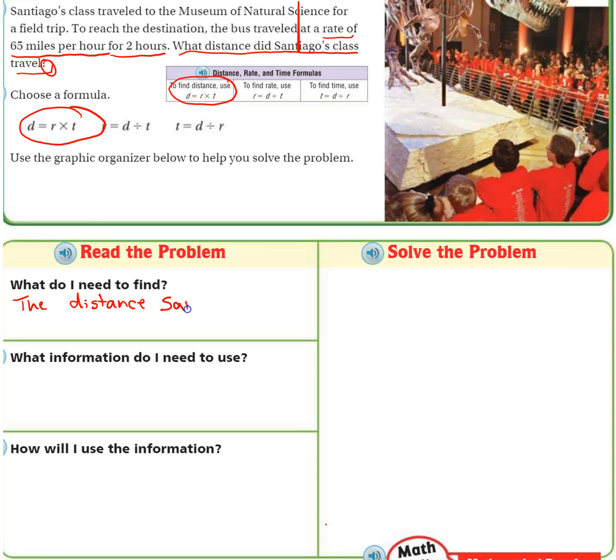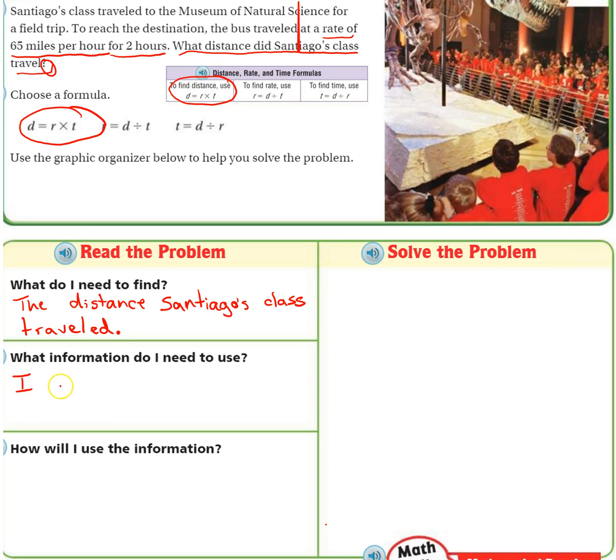Santiago's class traveled. What information do I need to use?